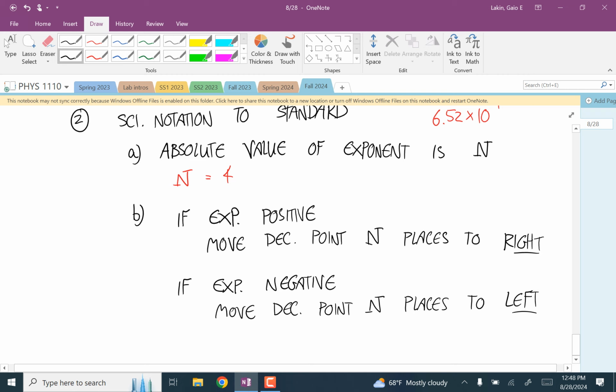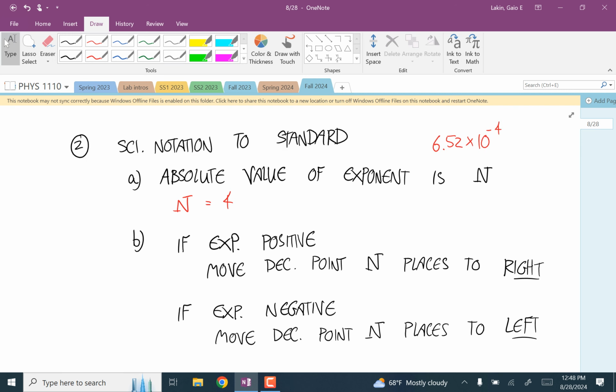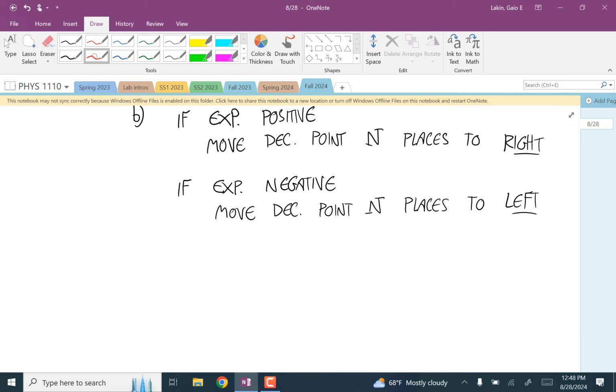One thing I want you to notice, let me finish the example. So in our case, it was negative. So we're going to move our decimal point 4 places to the left. So we have 6, 5, 2. And we're going to move it 4 places to the left.